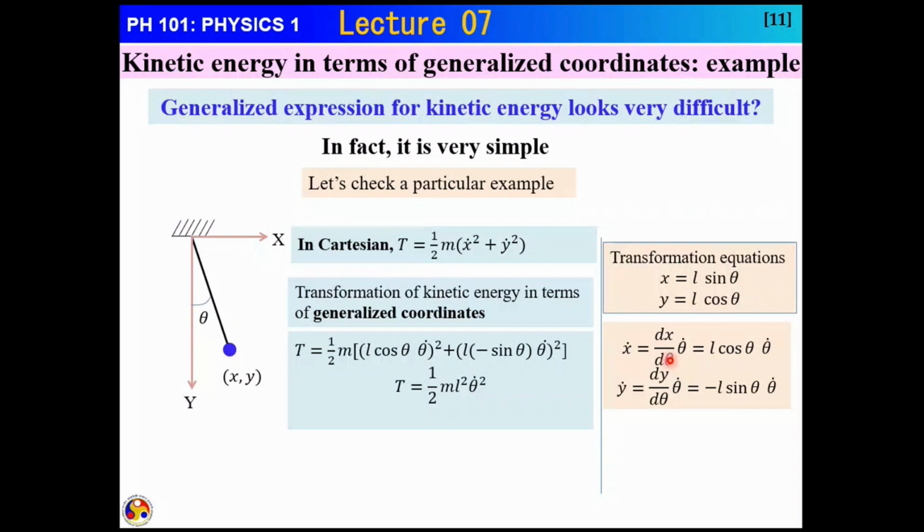So dx by d theta times theta dot is equal to L cos theta theta dot. y dot is equal to dy by d theta times theta dot, which is minus L sine theta theta dot. And then you put this x dot whole square plus y dot whole square, and then you will find your kinetic energy.